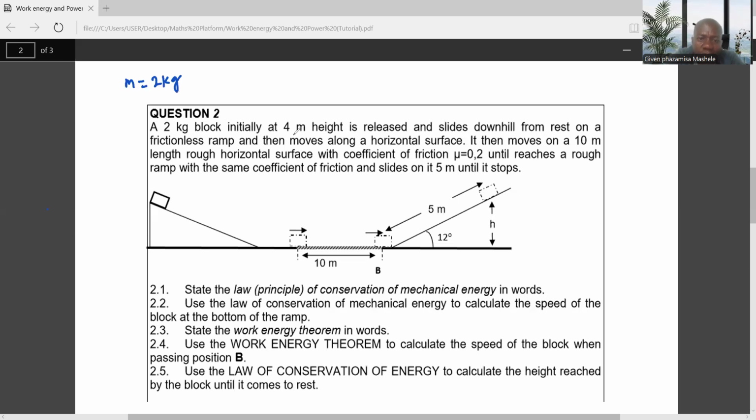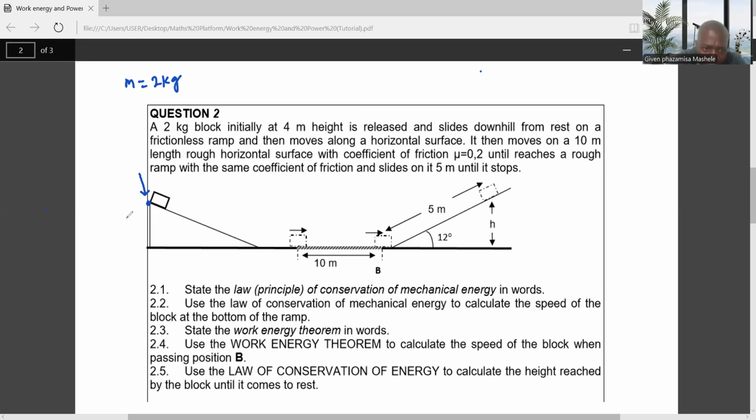Initially at 4 meter height, it's very important, which means initially at the height of 4. Is released and slides downhill from rest on the frictionless. This is very important. You must read the question and understand. So it means the object was here, at this point, and this object was released from rest, from a height of 4.